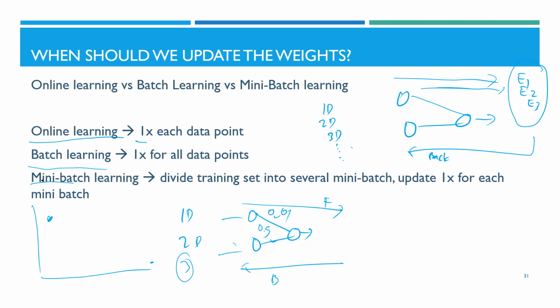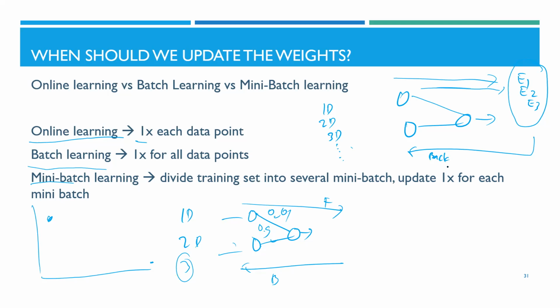Mini batch is a combination of online and batch learning. The idea is that we also need to capture the detailed patterns of the data, but we don't want the weights always changing over time. So they call it mini batch.